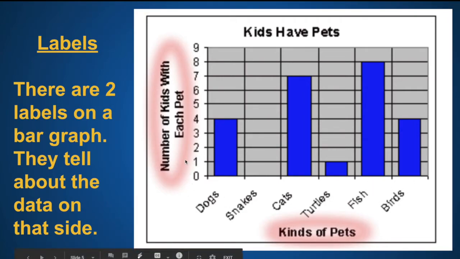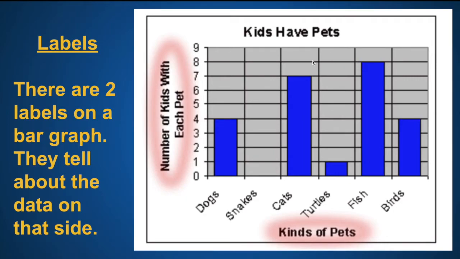Up the side, we have numbers, the number of kids with each pet. So each time you go up, you get one more pet. That helps us read the graph quickly. We can go, okay, dogs, there were 4. Snakes, 0. Cats, 7. Turtles, 1.